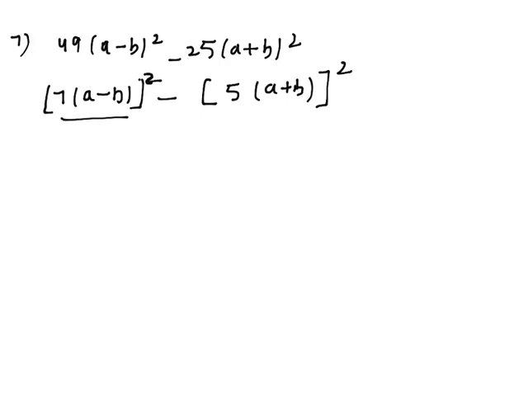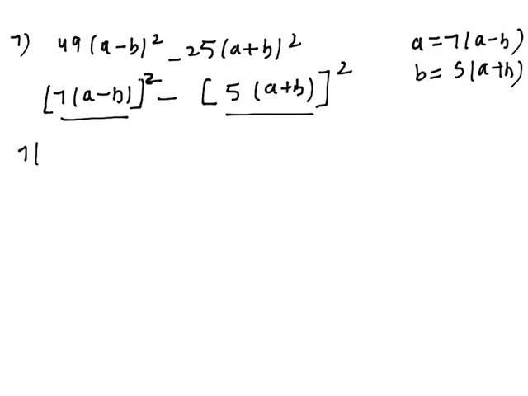Here we can use the formula a square minus b square, where our a is 7(a minus b) and our b is equal to 5(a plus b). Now we will write it as (a plus b) and (a minus b). 7(a minus b) minus 5(a plus b), this is a minus b.